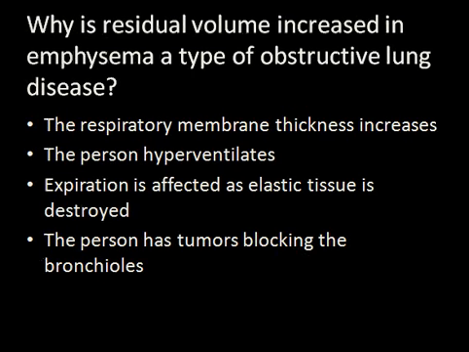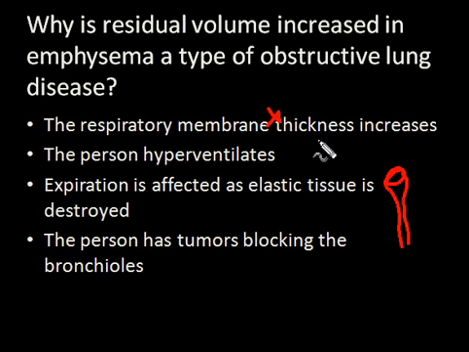Now let's look at the next question, which asks you, why is residual volume increased in emphysema, which is a type of obstructive lung disease? Now let's look at the choices. The first one says that the respiratory membrane thickness increases. Now this is not a choice, because in obstructive lung disease there is obstruction. The bronchioles are narrowed, so there is bronchoconstriction.